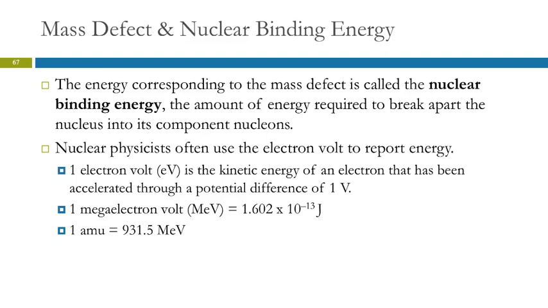So that is a unit of energy. A mega electron volt would be 10 to the 6th electron volts, and that is equal to 1.602 times 10 to the minus 13 joules of energy. So there's this relationship. We can also relate atomic mass units to mega electron volts.